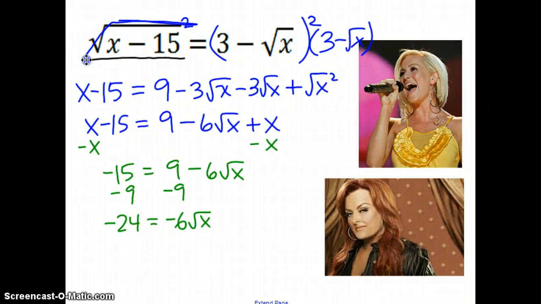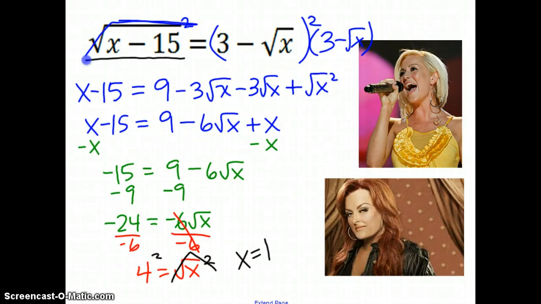Still trying to get that x by itself, we divide both sides by negative 6. Those cancel. So I got the square root of x equals positive 4. And of course, to get rid of that square root, I square both sides. Those cancel. X equals 16.